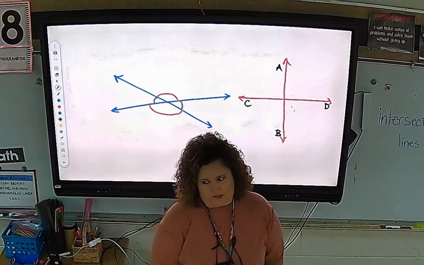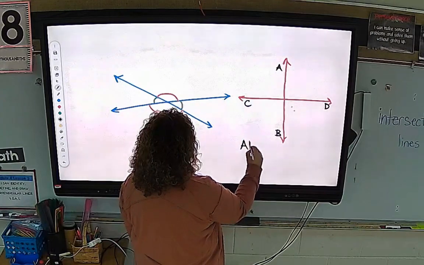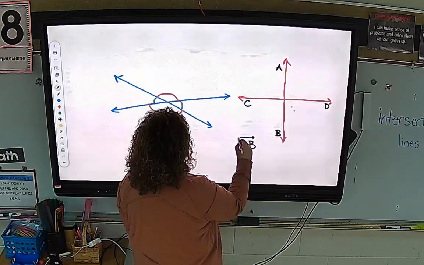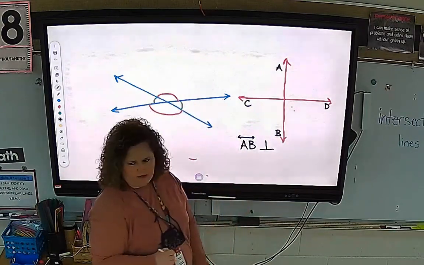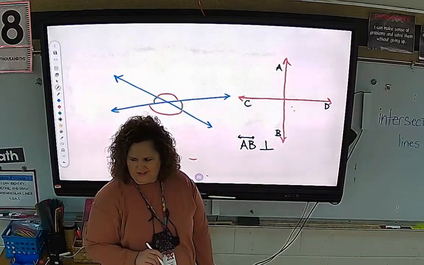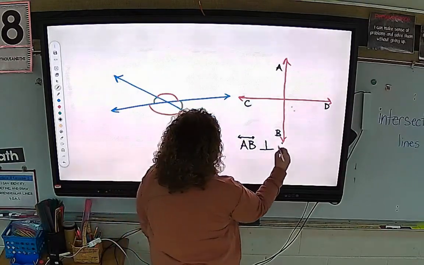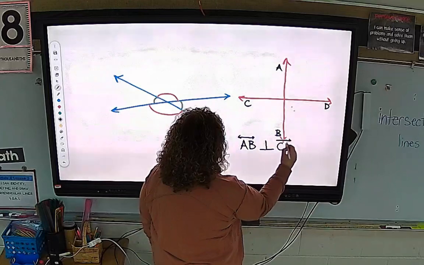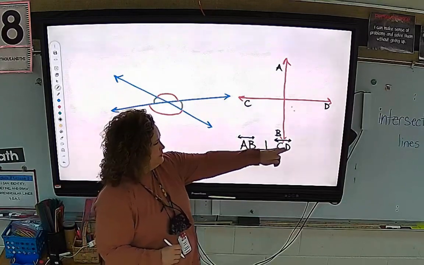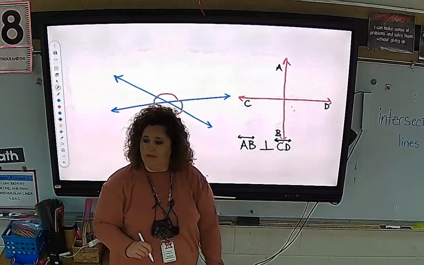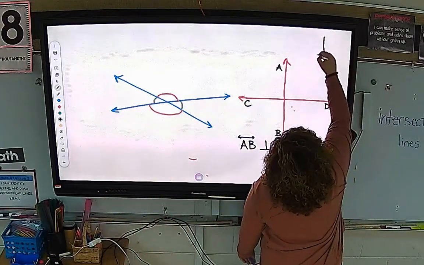I don't want to have to write it all the time. So I would say line AB, remember there's a symbol for that too, is perpendicular to, and it looks like an upside down T. Why it's upside down, I'm not quite sure, because a lot of times when we show it with our hands, we might do this. But it's upside down, and then it would say to line CD. Okay? Line AB is perpendicular to line CD. And that's a quick way to write that with your symbols. So the perpendicular symbol is this upside down capital T.